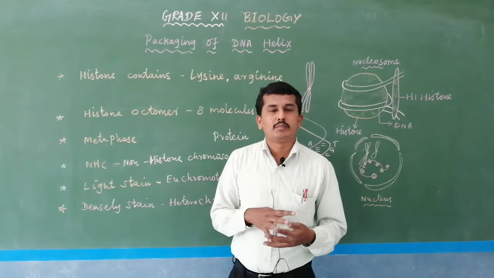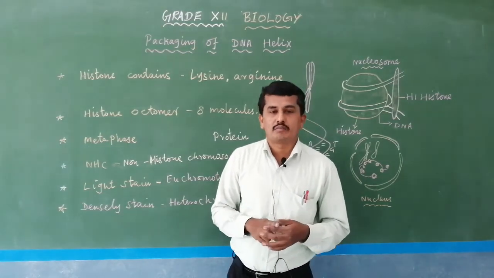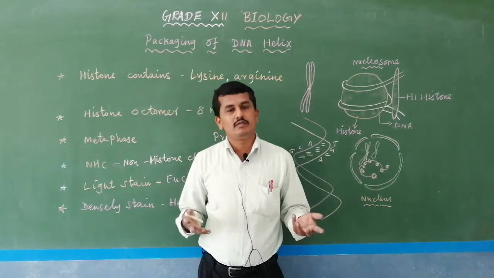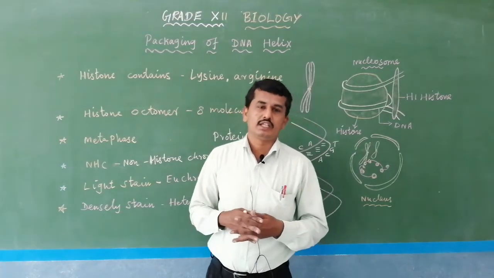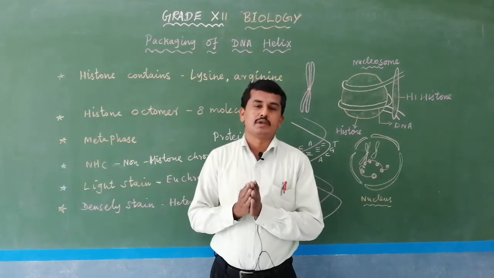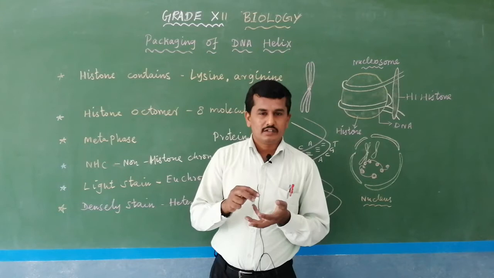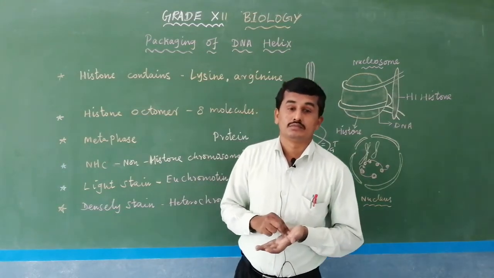For this mitosis practical, we use acetocarmine stain, or maybe hematoxylin, or iron hematoxylin also. Generally, in our school laboratory, we use acetocarmine. Acetocarmine is the coloring substance for coloring the chromosomes.